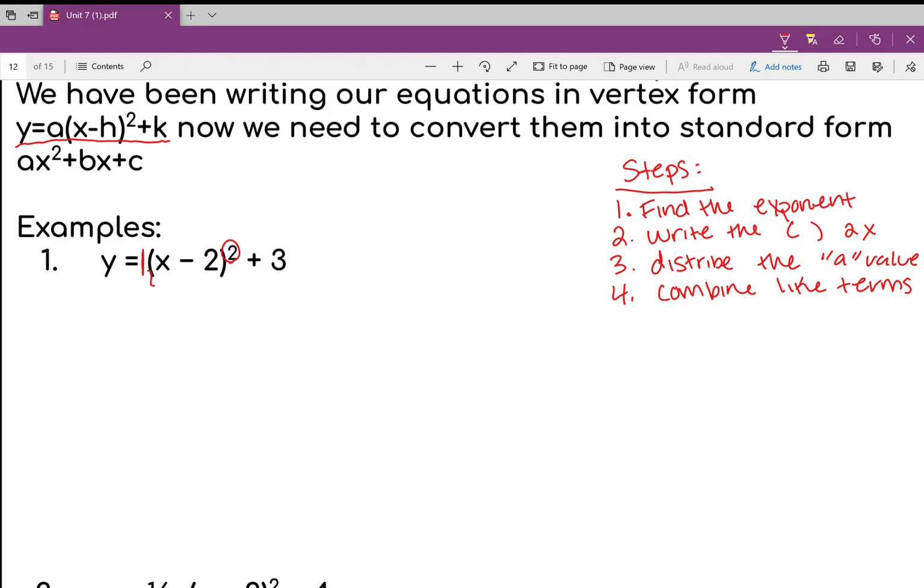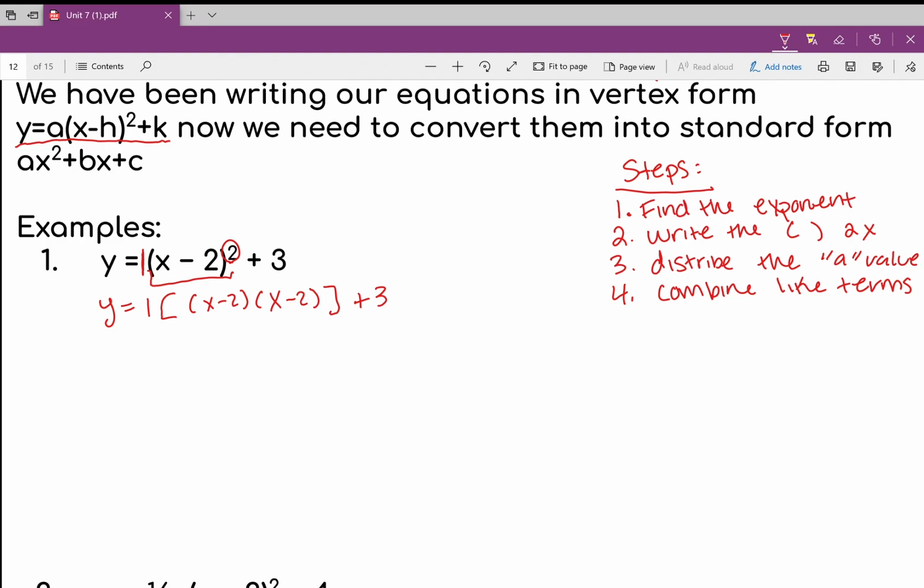So I'm going to take this parenthesis and write it twice. I have y equals 1 bracket (x minus 2)(x minus 2), close bracket, plus 3. I put it inside brackets to emphasize that we're going to do the 2 parentheses first.